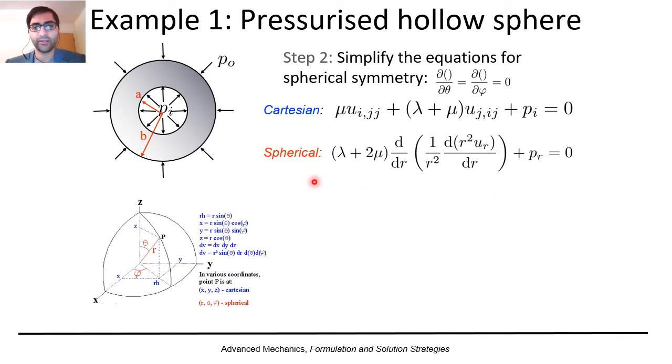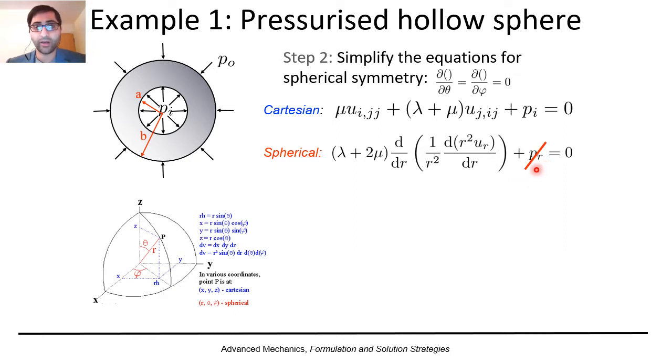So the displacement formulation reduces to this small relation: lambda plus 2 mu, differentiation with respect to r of 1 over r squared, multiplied by differentiation with respect to r of r squared u r, plus rho b r. We have to integrate it to find u r as a function of external loads or pressures.